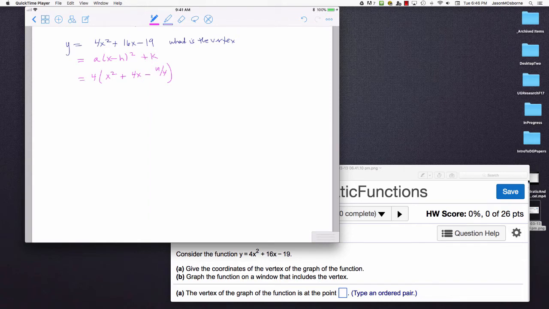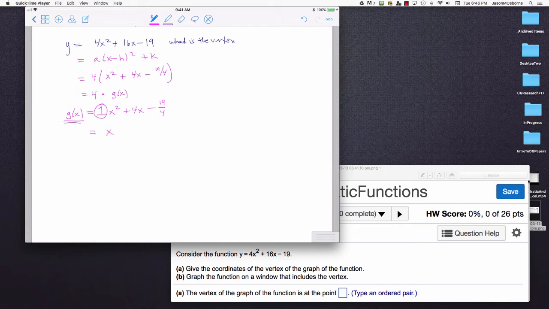The reason you want to do that is because you need to look at some new function, g of x, which is 1 times x squared plus 4x minus 19 over 4. The first step is to get a 1 in front of the x squared by factoring out.